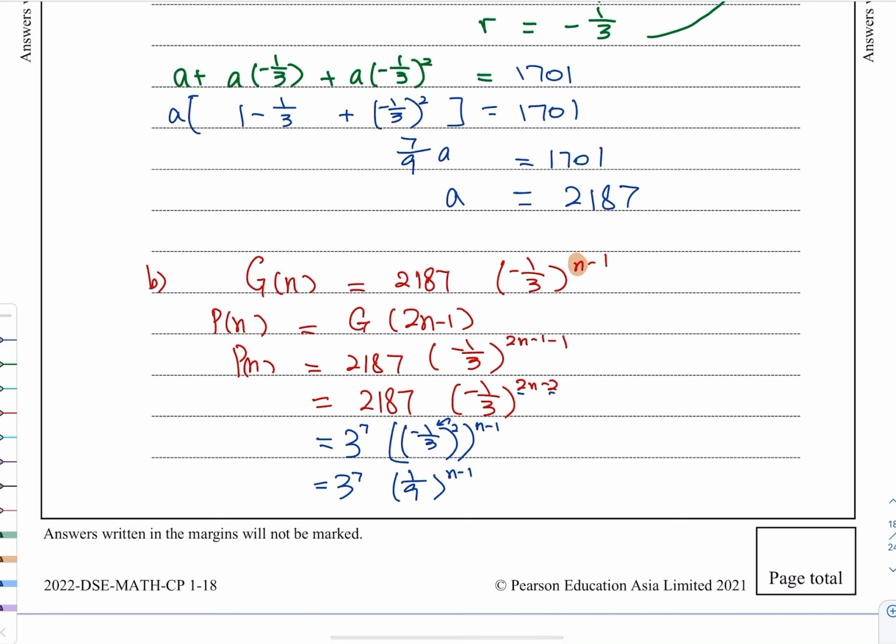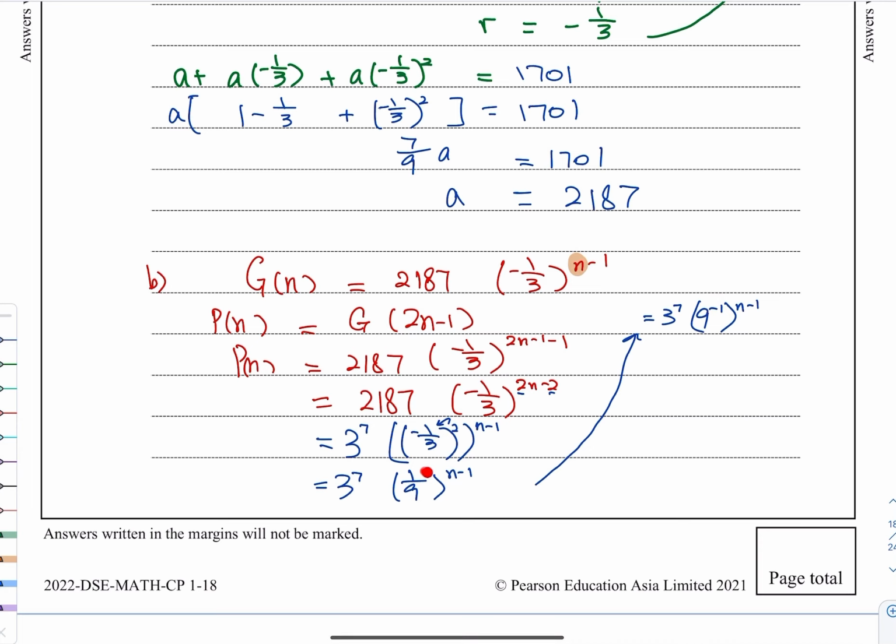Now again, this is the base with 3 and this base is not 3. So how can I do this one? If you want to change that, your next step, I'll just do it here. 3 to the 7, and 9 to the negative 1, and then n minus 1. It's a negative power now because I'm moving the place to the upside.